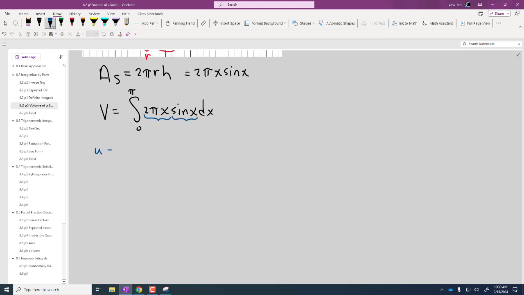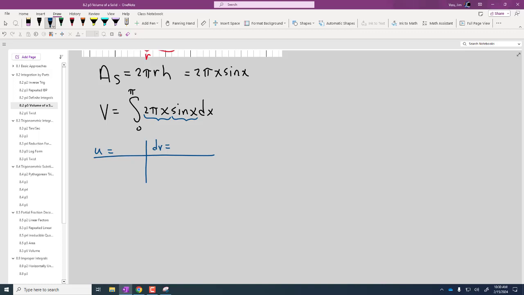And we have to pick a u and we have to pick a dv. When we focus on dv, we say to ourselves, let's pick the biggest part that's easily integrable. And by biggest, maybe I should use the word more complex. The most complex part that is easily integrable. Integrating x is easy.